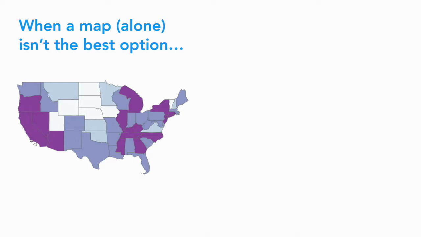So state maps are a great example of that. We see state maps all the time in the news and in different publications. And I'm never going to tell you not to make a state map. But they can be a little bit frustrating to me. Because usually in the case of state data, the location is not the most meaningful attribute.